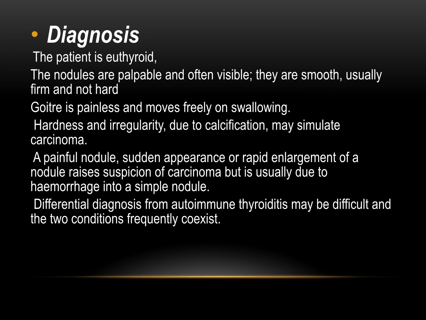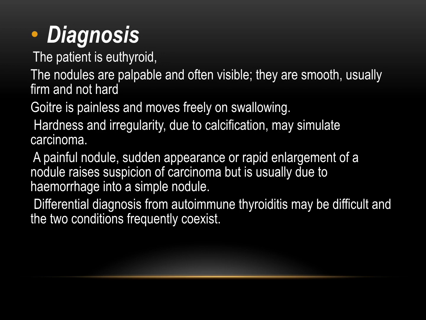Diagnosis: the patient is euthyroid, so the patient has no clinical features of hyper- or hypothyroidism. The nodules are palpable and often visible. They are smooth, usually firm, not hard. Goiter is painless and moves freely on swallowing.